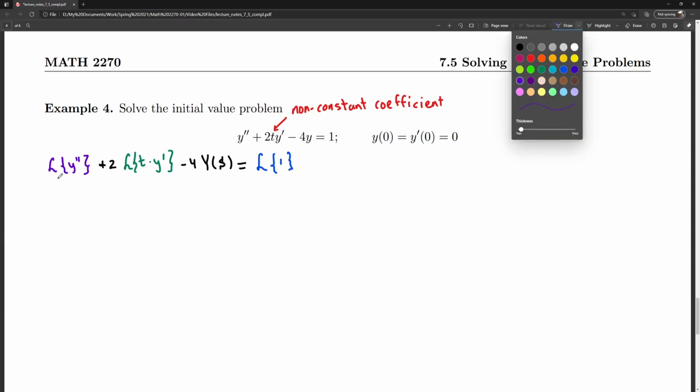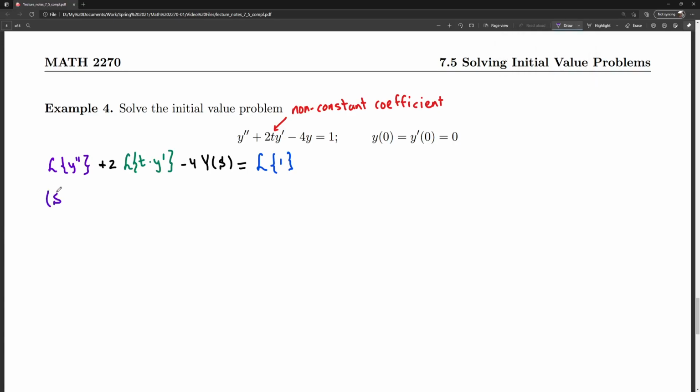The first part is standard. So that is s squared times Y of s, and then minus s times y of 0 minus y prime of 0.